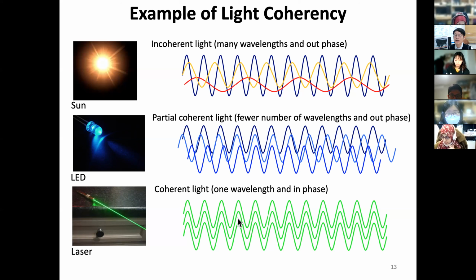That's an excellent source of coherent light. Okay, so OCT is actually using partially coherent light. The typical invention of OCT used a superluminescent diode.